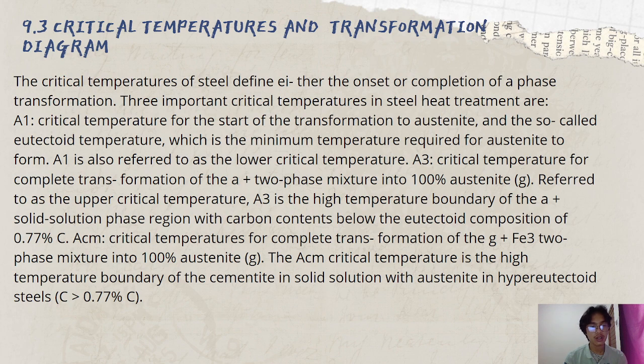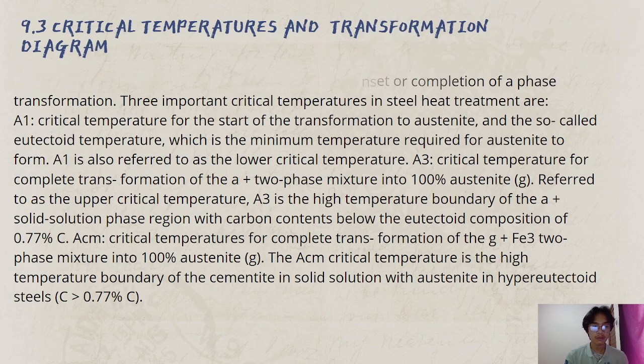Acm is the critical temperature for the complete transformation of the gamma plus Fe3C mixture into 100% austenite in the gamma region. The Acm critical temperature is the high temperature boundary of the cementite in solid solution with austenite in hypereutectoid steel.